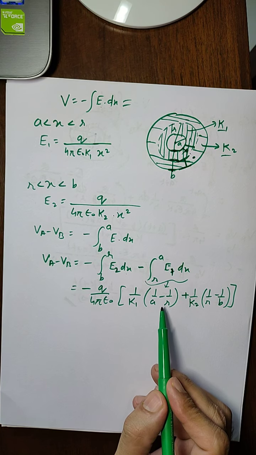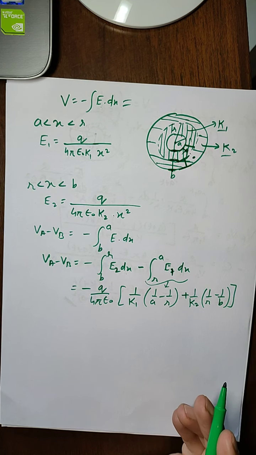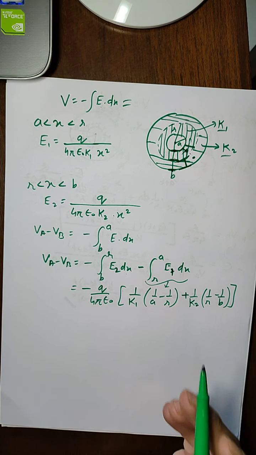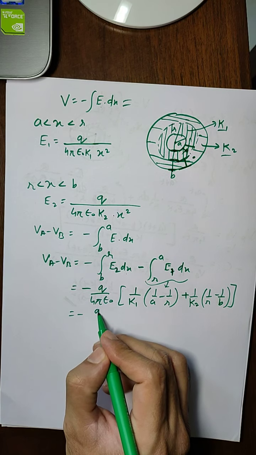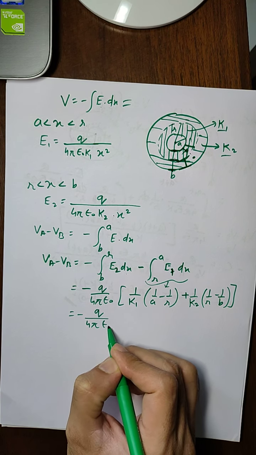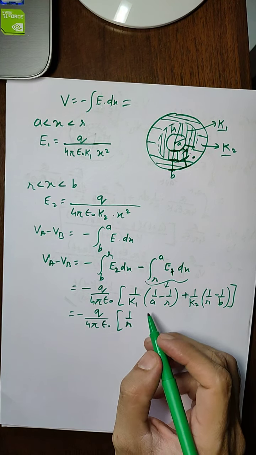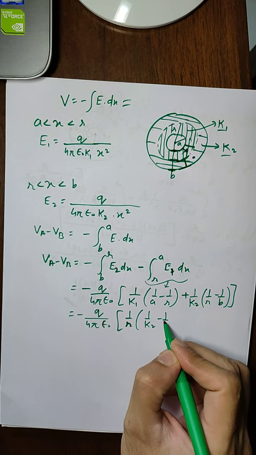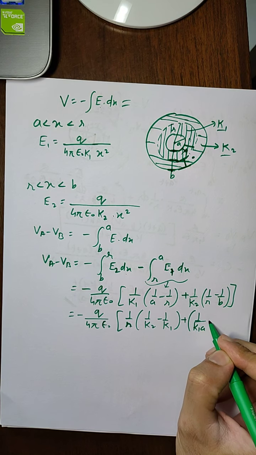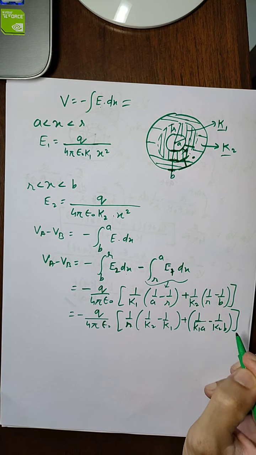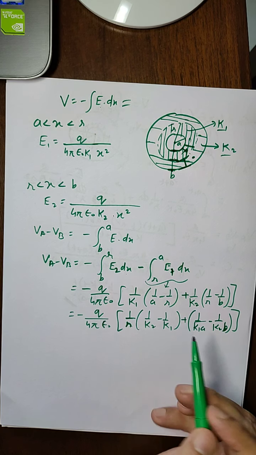This is the expression that we get after integrating both of these terms and applying the limits. Now if we simplify this a little bit, it can be written as Q upon 4 pi epsilon naught times 1 upon r, and so on. You can calculate this yourself by multiplying and taking 1 by r common from the terms.